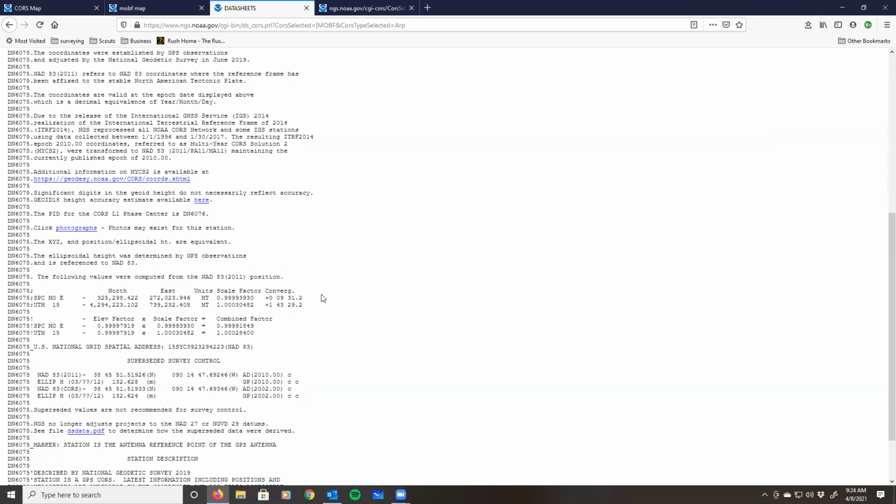So to convert astronomic or geodetic to grid, you have to add 0 degrees, 9 minutes, 31.2 seconds. So that's why it's positive.